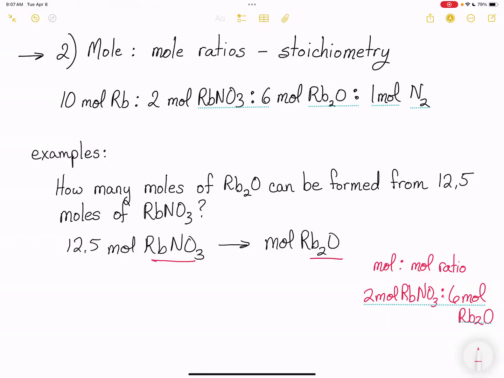I know I keep repeating this, but again, we knew we had to use a mole to mole ratio because the compound formulas were different.